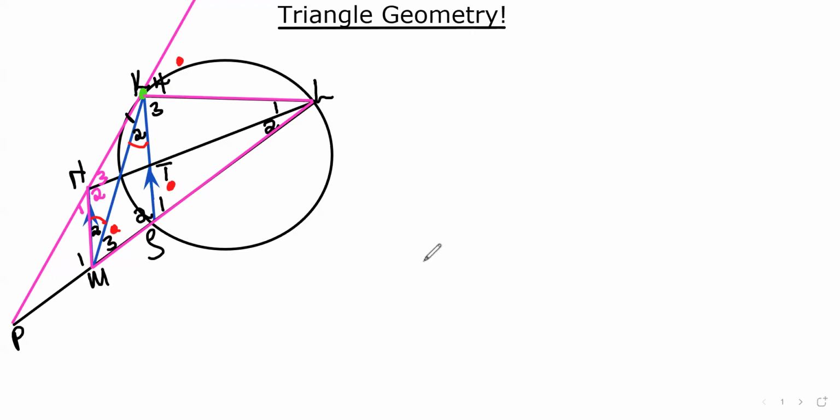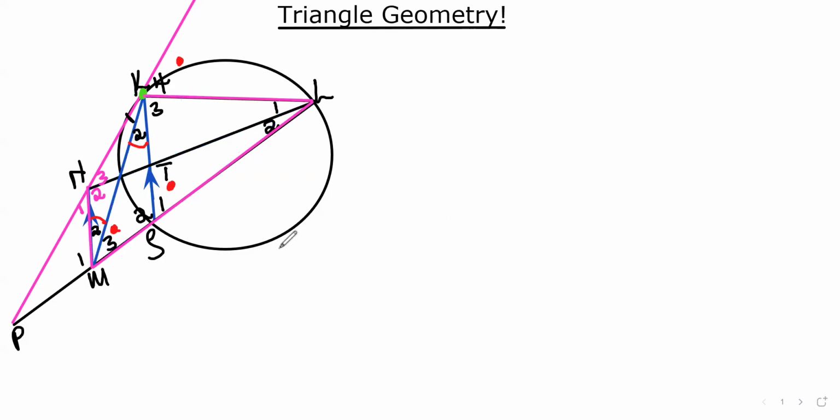Let's be practical. If you wanted to prove that, it means you need to prove that angle M2 is equal to the whole K2 plus K3. If we can show that M2 is equal to K2 plus K3, then you have proven that these two angles are in the same segment and therefore this would be a cyclic quad.